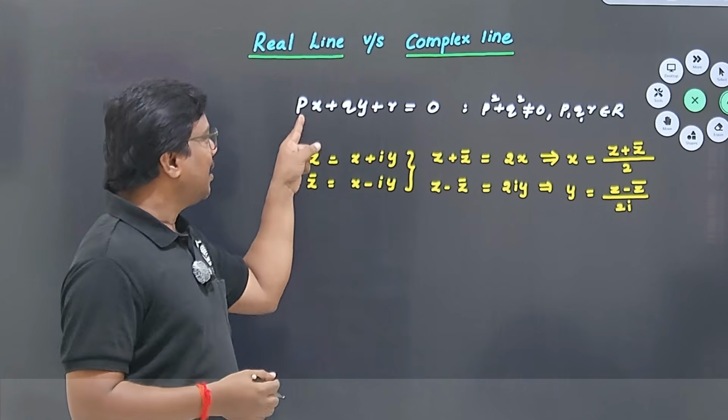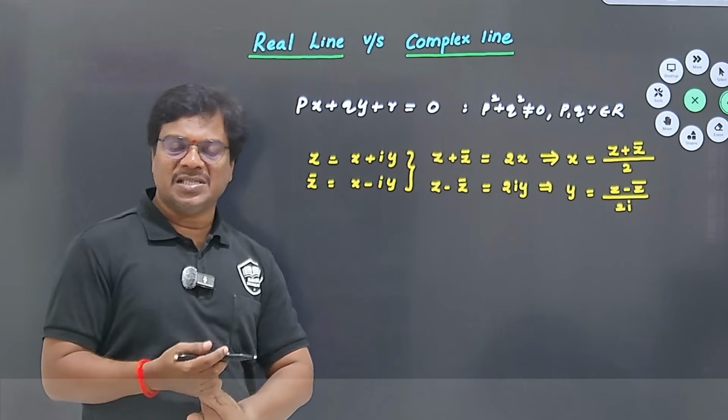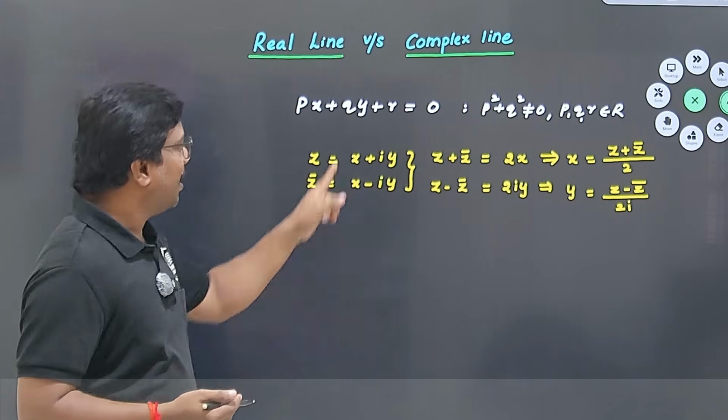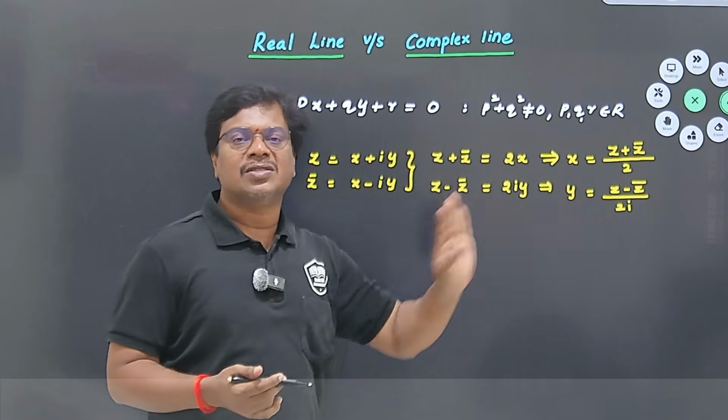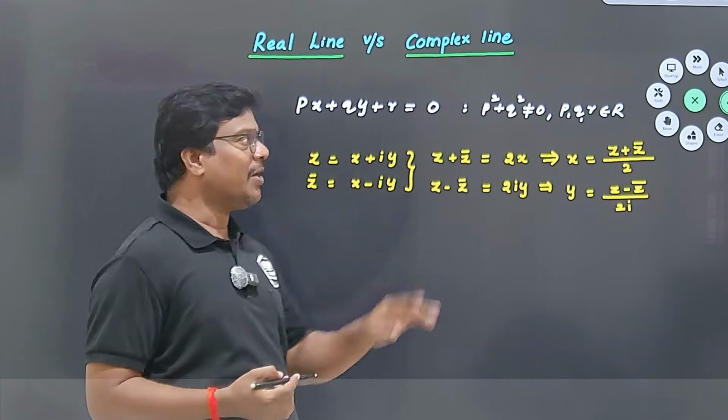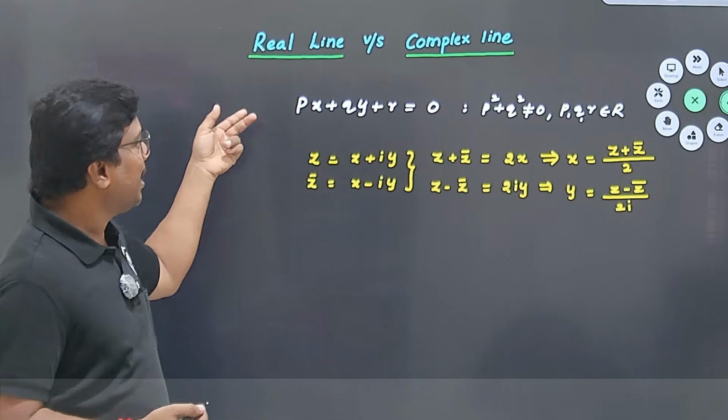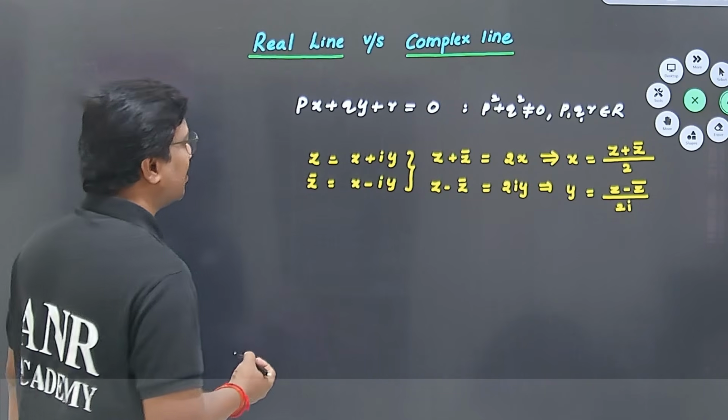Now replace x with z plus z conjugate by 2 and y with z minus z conjugate by 2 times iota, then it reduces to complex form.